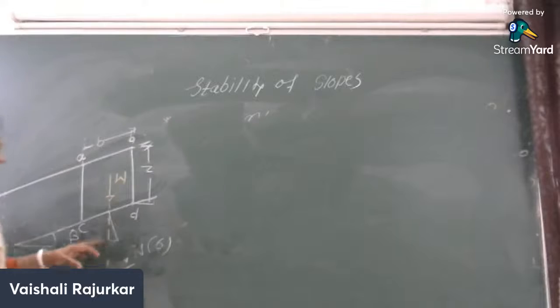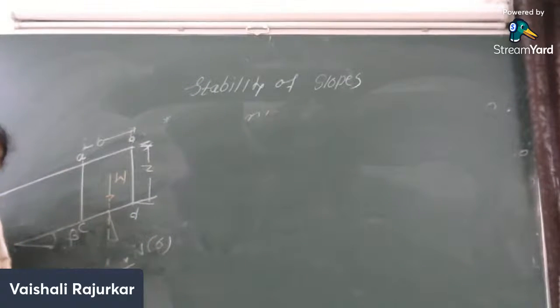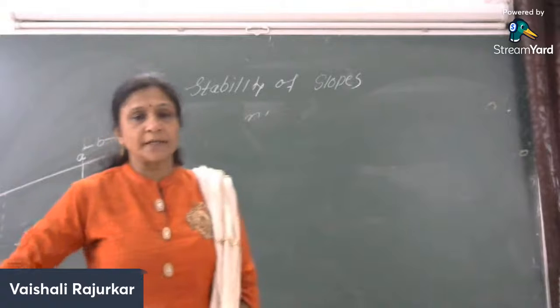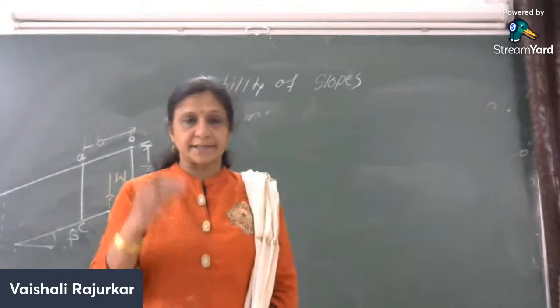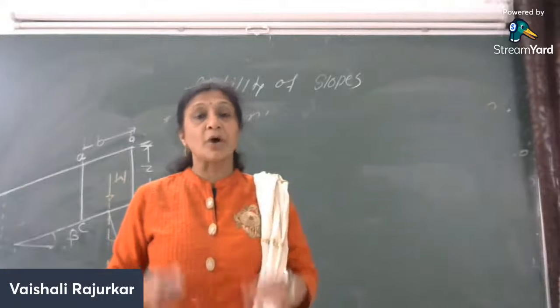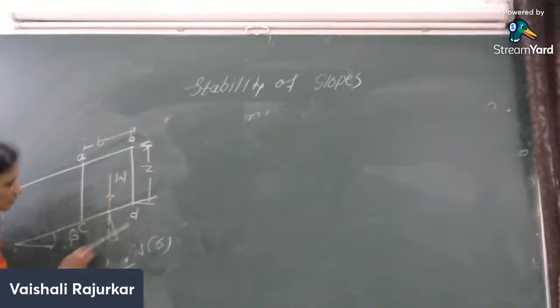Now here you can see the force acting parallel to the slope is considered a sliding force, which causes the sliding of the wedge, trying to move the wedge vertically downward towards gravity.